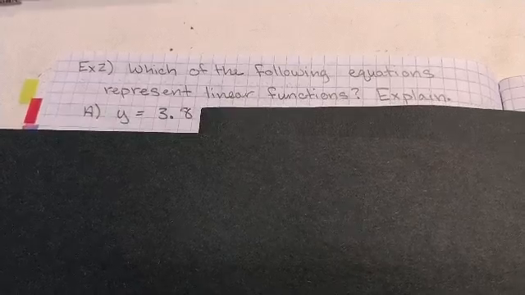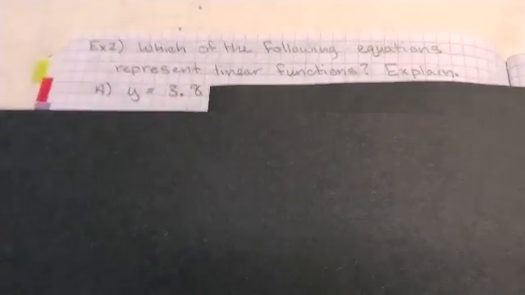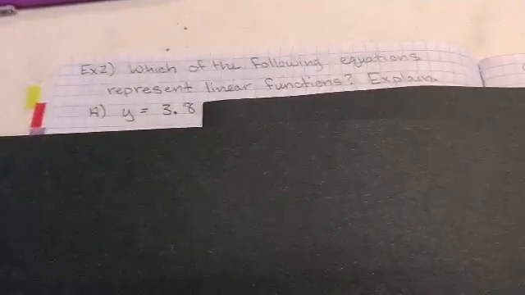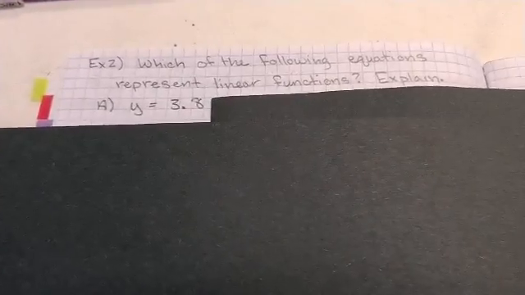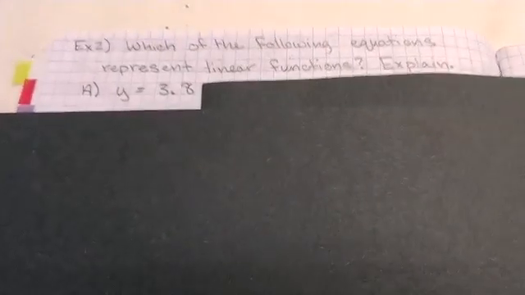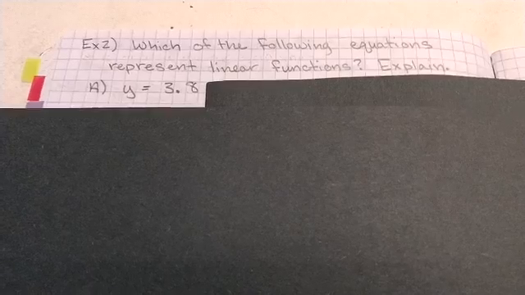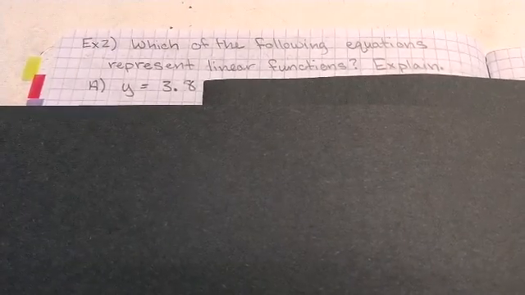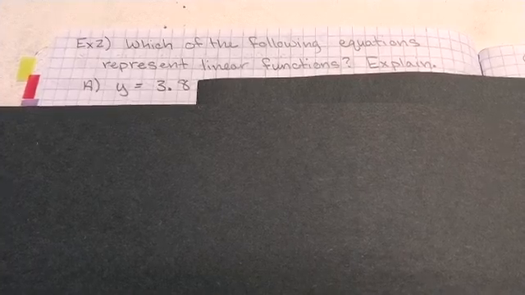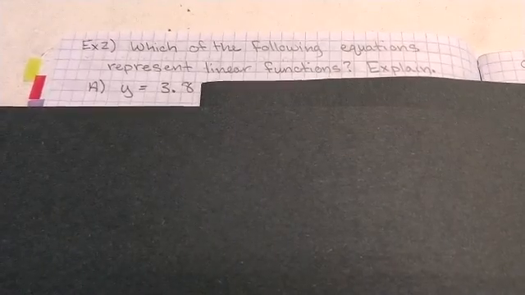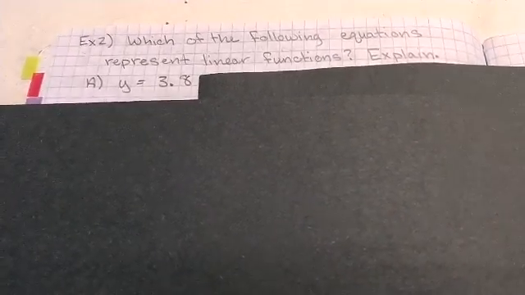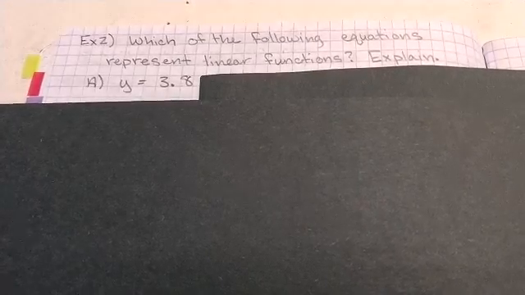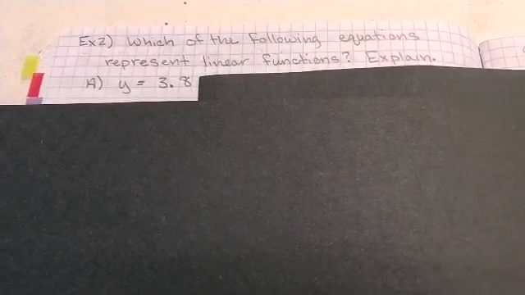So our first one is A. So we have y equals 3.8. Now remember, it's a linear function if you can write it in the form of y equals mx plus b. So I have to ask myself, could I write y equals 3.8 in the form of y equals mx plus b?